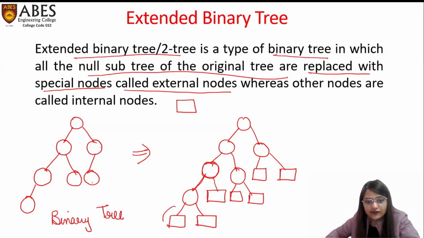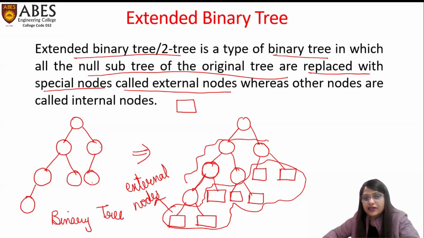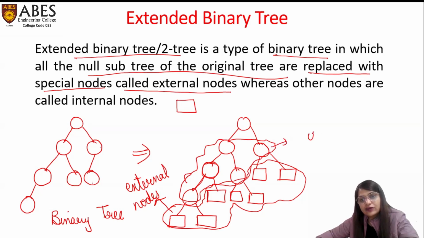The leaf nodes, all these are representing the leaf nodes, will be represented by the external nodes. And above these external nodes, all nodes will be considered as internal nodes. And internal nodes will be represented by a circle only.